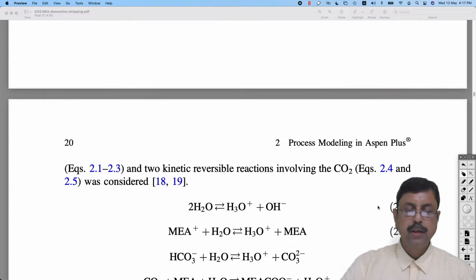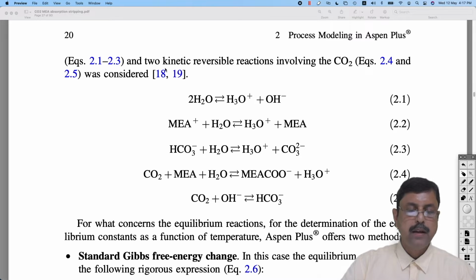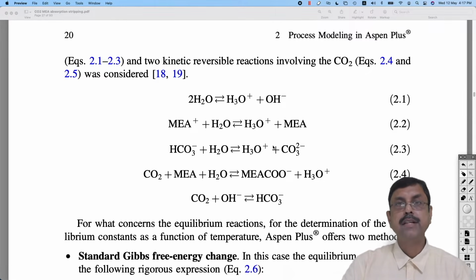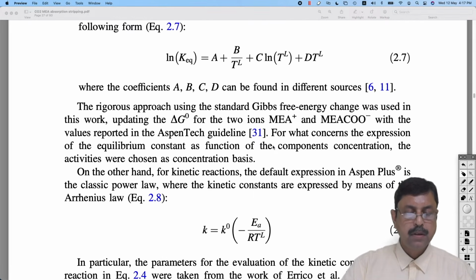These are ionic equilibrium reactions, and there will be 2 kinetic reversible reactions involving CO2. So we will have these 2 kinetic reactions and these 3 ionic equilibrium reactions which we have to insert in the reaction list. And where do we get the parameters from?